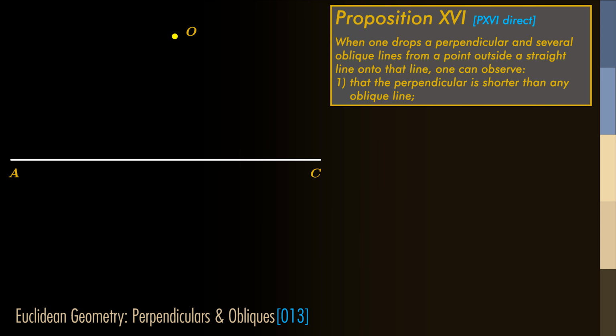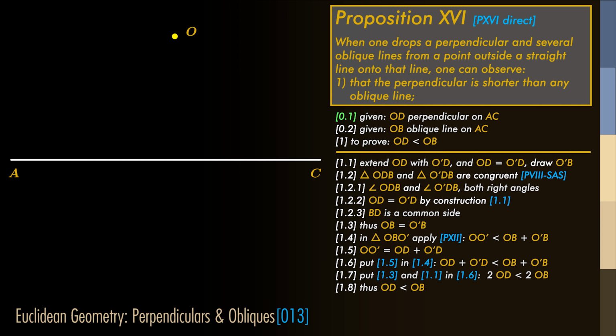For the first part, we observe in the figure a perpendicular OD and an oblique line OB both dropped on the straight line AC. We need to prove that OD is always shorter than OB. Let's extend OD to O' with O'D equal to OD.